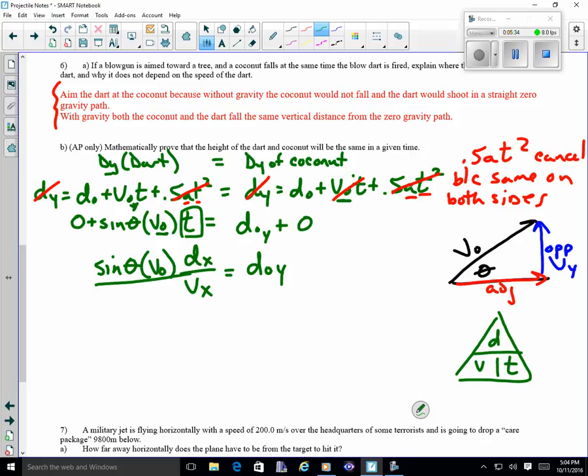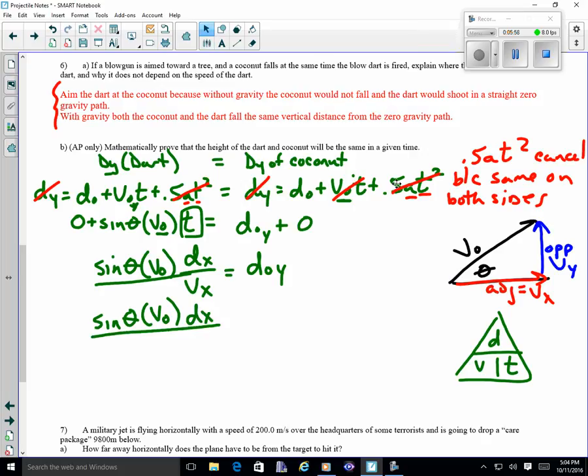So now I have to substitute out for that. Think about it: if you're trying to find the adjacent side, this is the same thing as your velocity in the x direction. I'm now going to substitute in for that. So I'm going to put the sine of theta times the diagonal velocity, or the hypotenuse, times the distance in the x direction, all over, now watch what I substitute in for here.